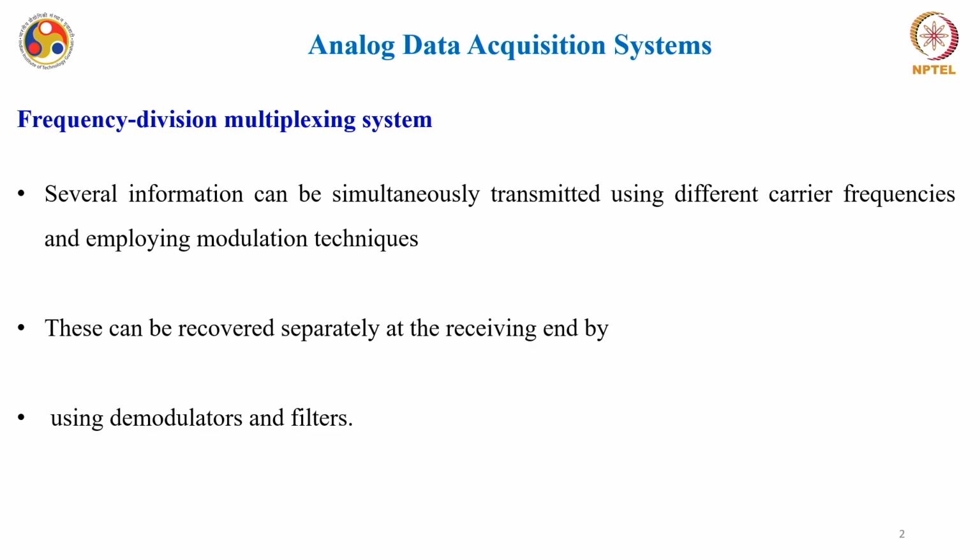This is also important. We have seen that for long range data transmission and to utilize the timestamp properly, we have to go with another kind of multiplexing system, which is the frequency division multiplexing. In this kind of multiplexing system, several pieces of information can be simultaneously transmitted using different carrier frequencies and employing different modulation techniques. In TDM, we were giving some timestamp to different signals.